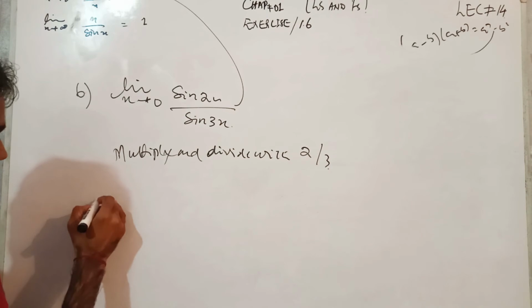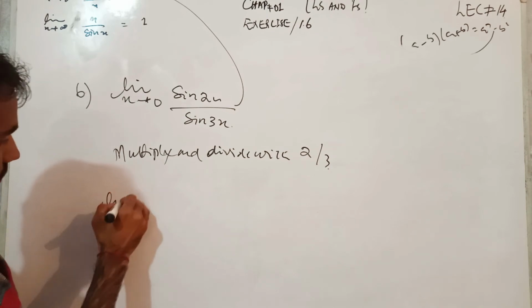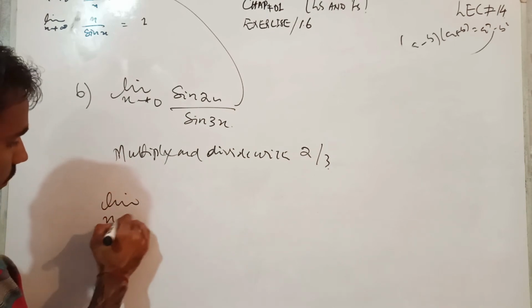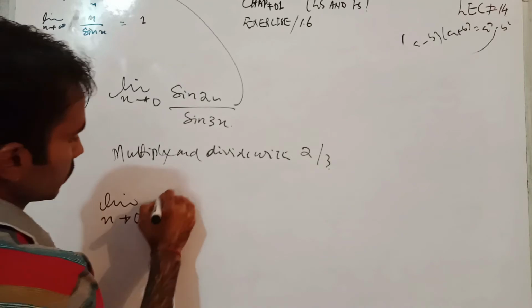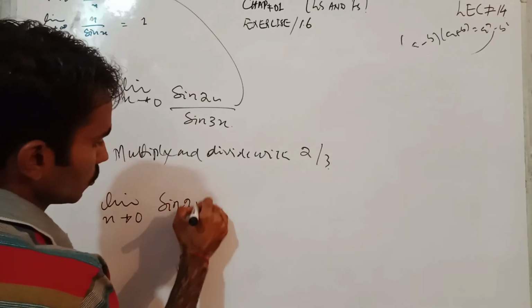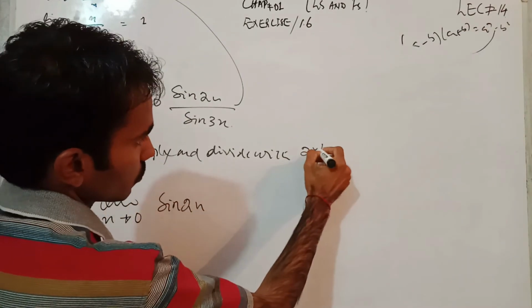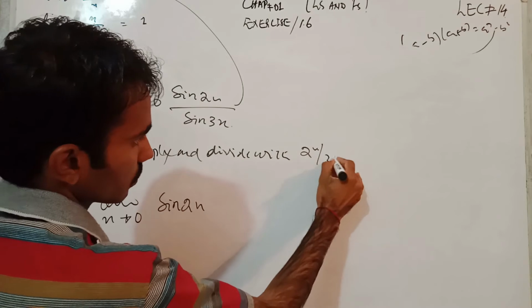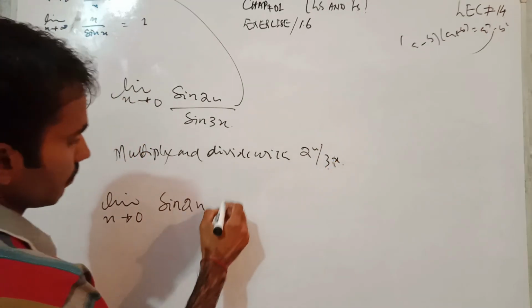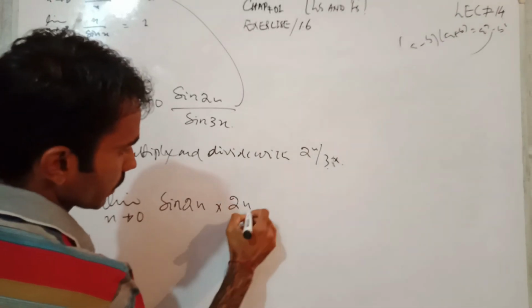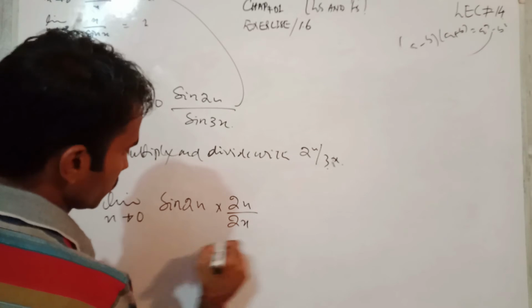Okay, so how will we write it? We will write limit x approaches to 0 sine 3x. We will multiply by 2x divided by 2x.